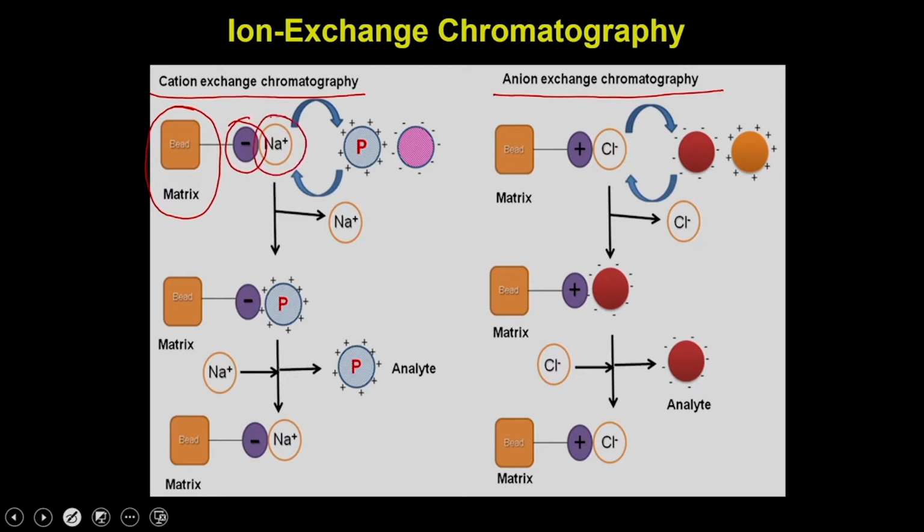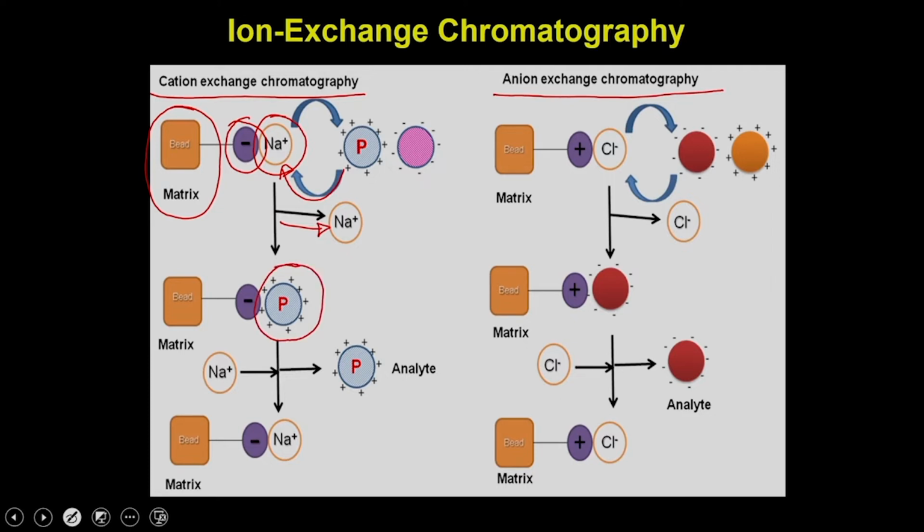Now, once you flow the positively charged proteins, this positively charged protein is going to compete for the counter ion, which means sodium, and in this process the sodium is going to be displaced from the matrix and the positively charged protein is going to bind to the matrix.